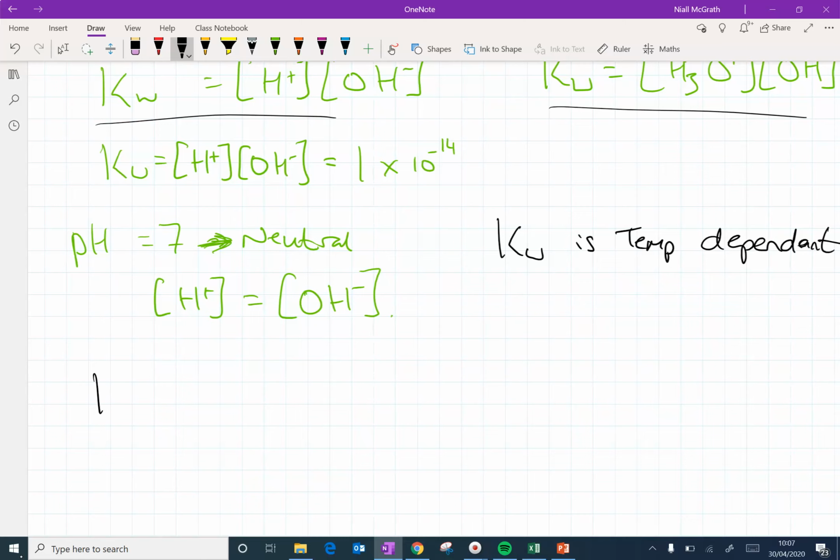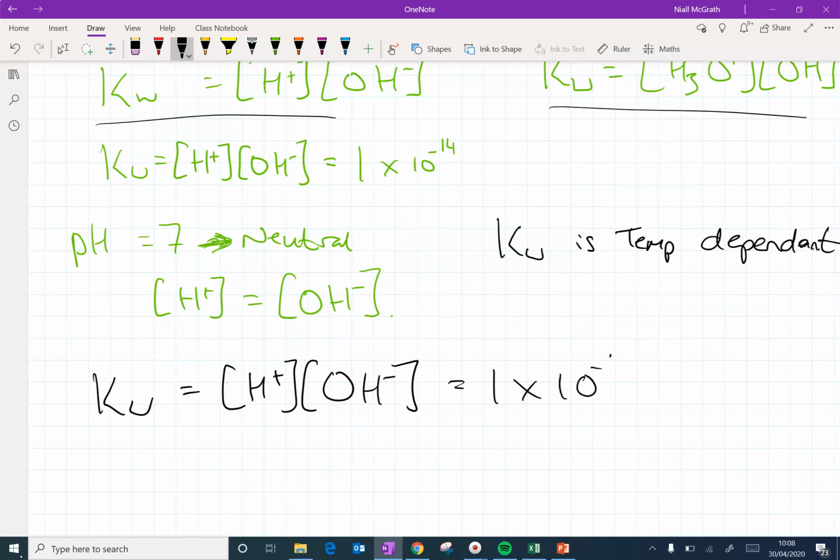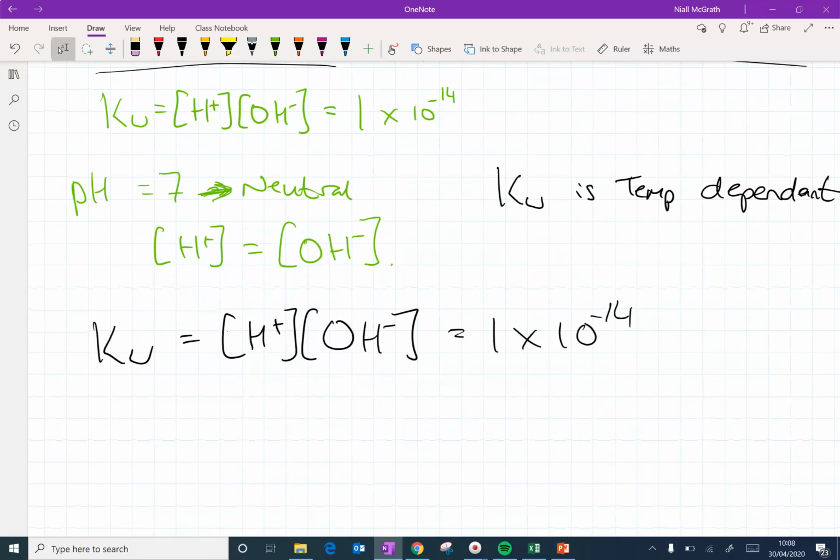So if we have that Kw, we know in this example that the concentration of H plus and the concentration of OH minus are going to be the same.